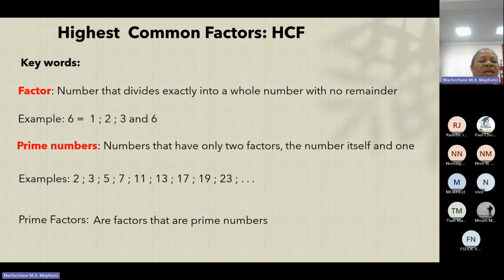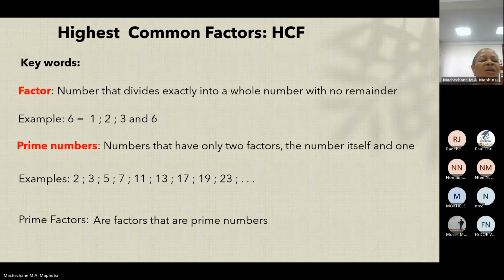For instance, the factors of 2 will be 2 and 1. Factors of 3, the same applies, 3 and 1. Factors of 5, 5 and 1, and all those other numbers. Hence we say prime numbers are those numbers that have only 2 factors, that is the number itself and 1.